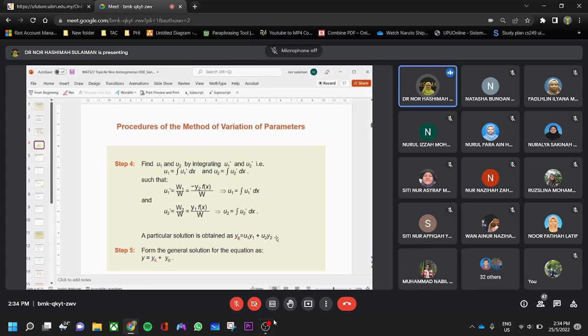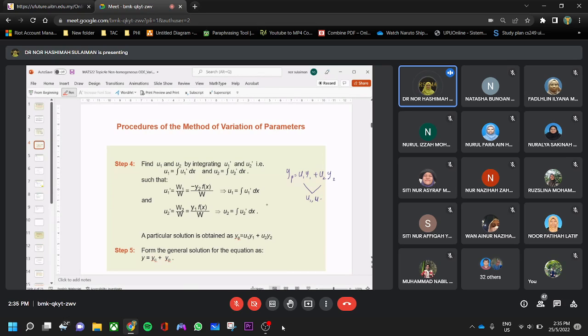Okay, so for the method of variation of parameters, the formula for YP is like this: YP equals U1 Y1 plus U2 Y2. The problem here is, what are U1 and U2?